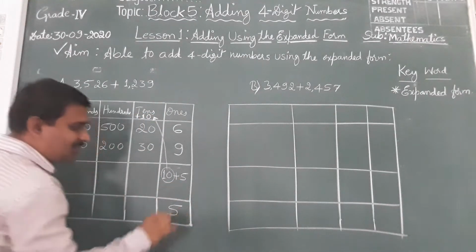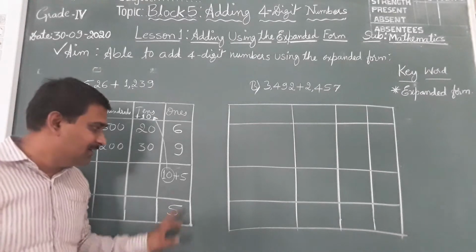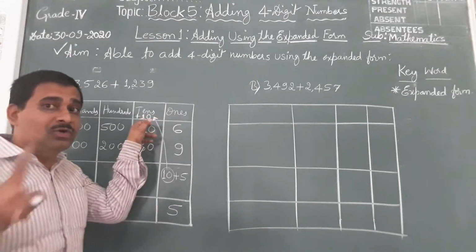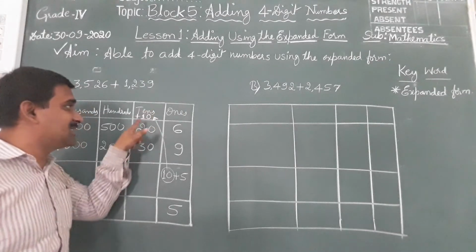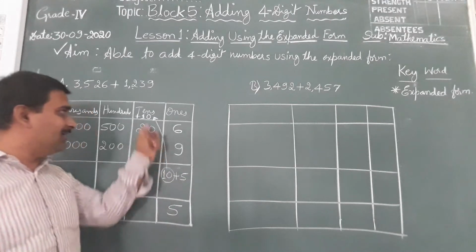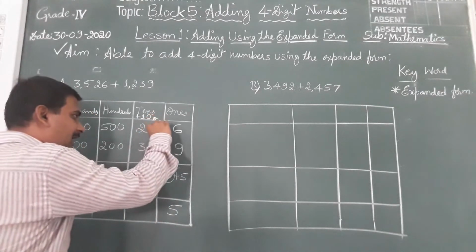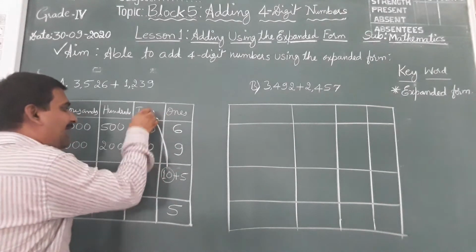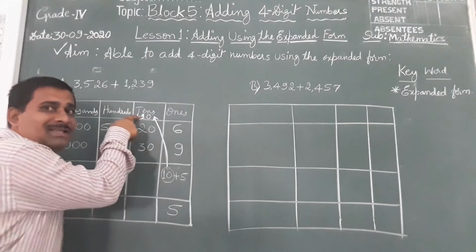Only 5 remains here. You know this very well. Out of 15 only 5 is kept, and the 10 comes to the tens place. When you are adding this, you should add this 10 also.